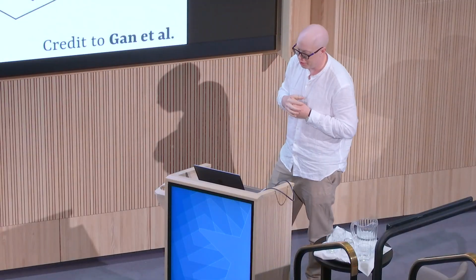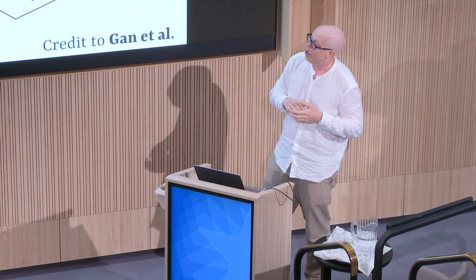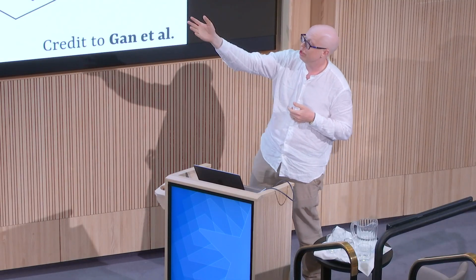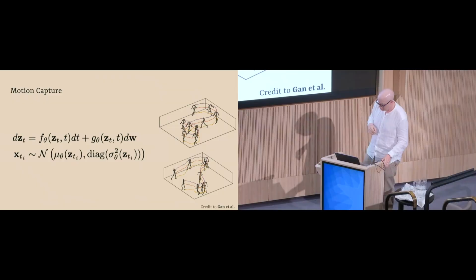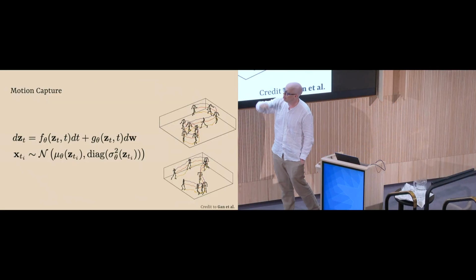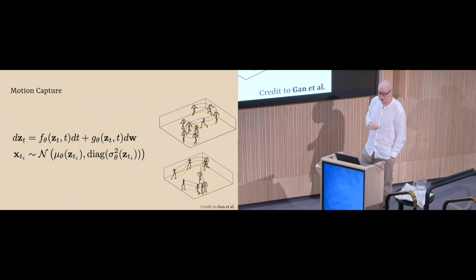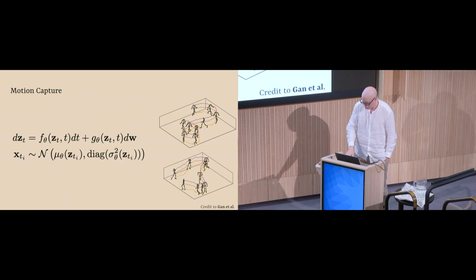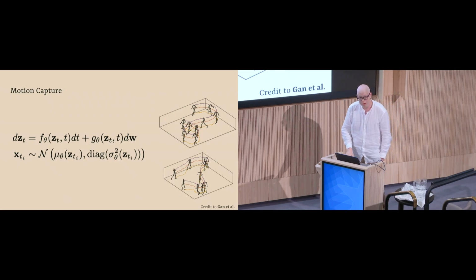Here I have another example where we parameterize it using a neural network for both the drift, which is similar to a velocity field, and the diffusion coefficient that modulates how much noise you add. And then you observe it at certain points in time. You might observe acceleration or position from a motion capture system. And then we model that using another neural network that goes to a Gaussian. So that could be one example.